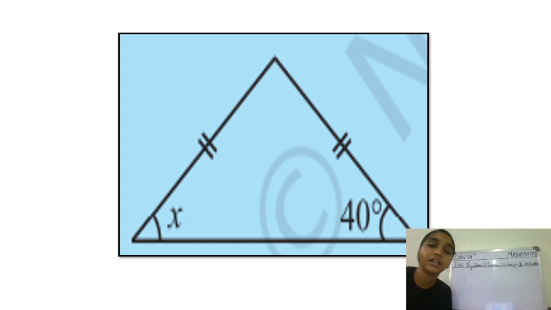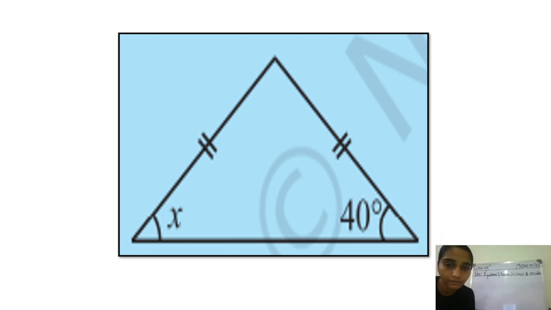So what do you think, with the help of the isosceles triangle and its property which we have discussed, are we here going to find something? The angle x we are going to find.